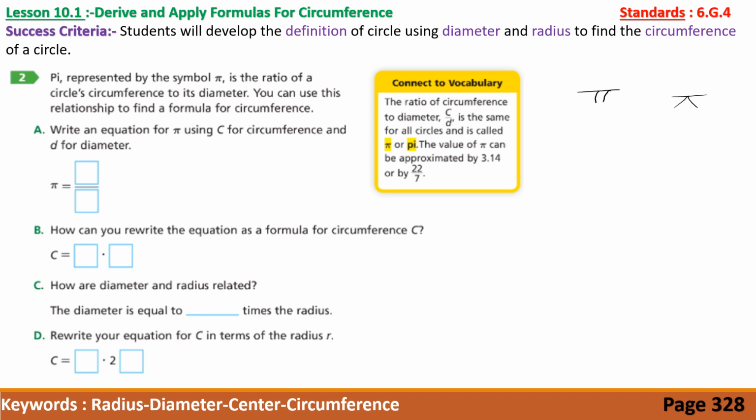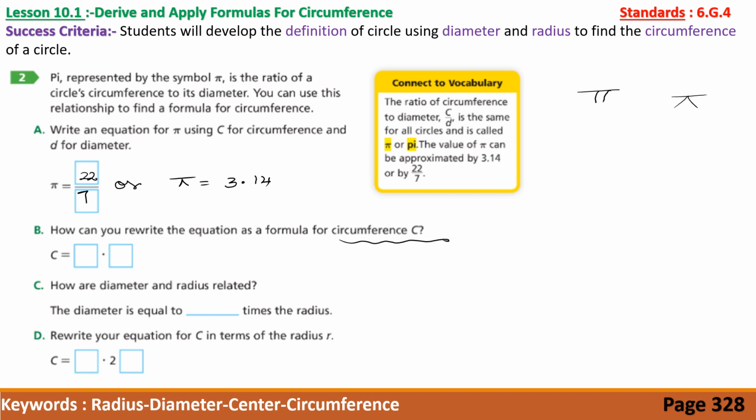Now what is the value of pi in the fraction? It is 22/7, or in decimal form, it is equal to 3.14. Memorize this also.